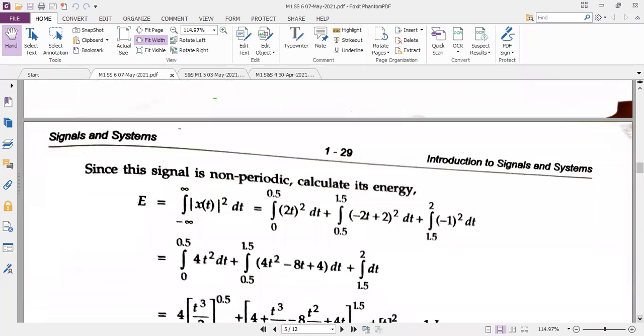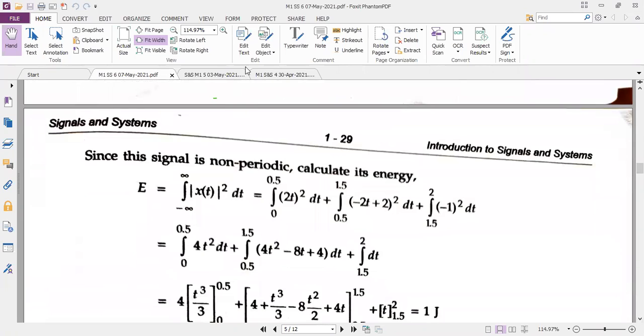I am just showing you the steps. I am not going to solve it now. The formula for a continuous time signal is the integral from minus infinity to plus infinity of the magnitude of x of t, the whole square, into dt. The first equation was from 0 to 0.5, the value was 2t, the whole square into dt.